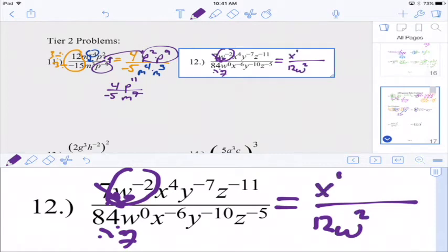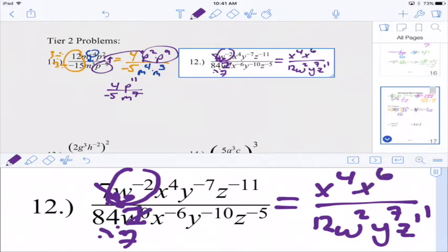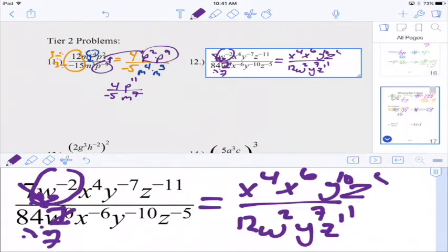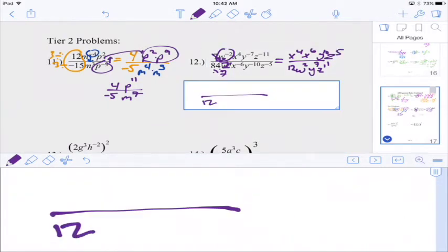X to the 4th is still up there. Y to the 7th is now down here. Z to the 11th is now down here. W to the 0th power is just 1, so I don't need that. X to the 6th, Y to the 10th, and Z to the 5th. I'll leave my 12 alone, I already took care of that.